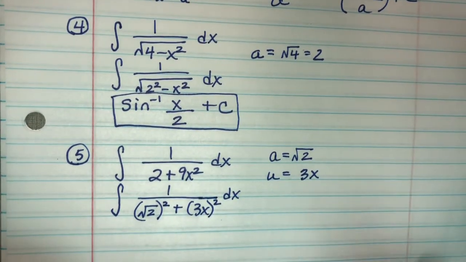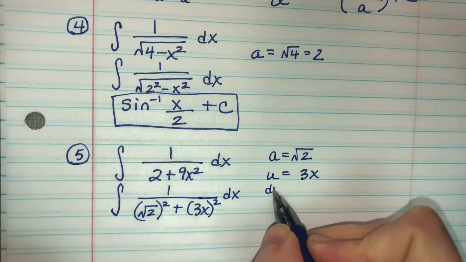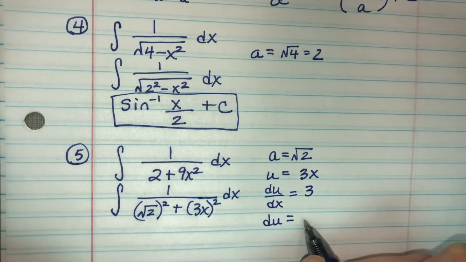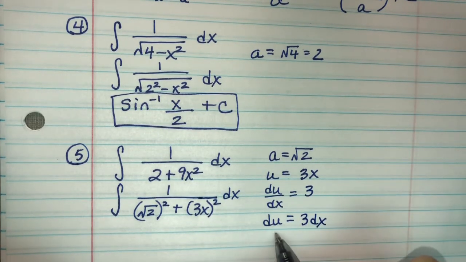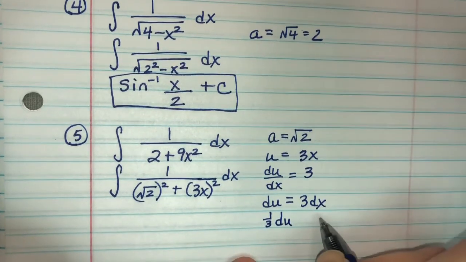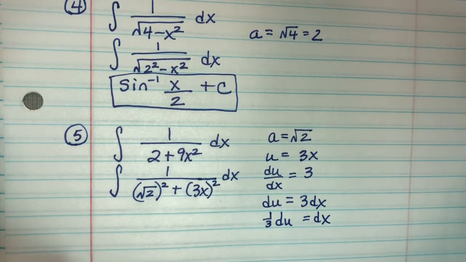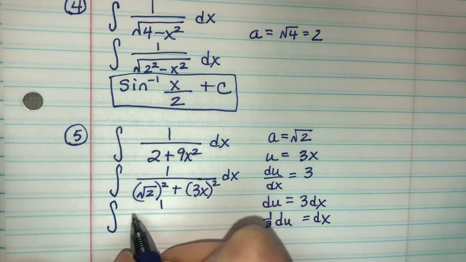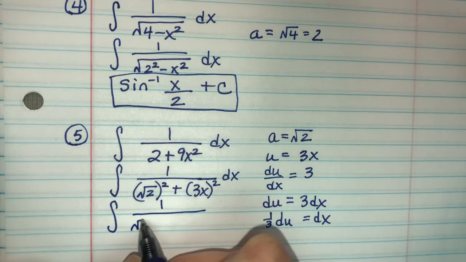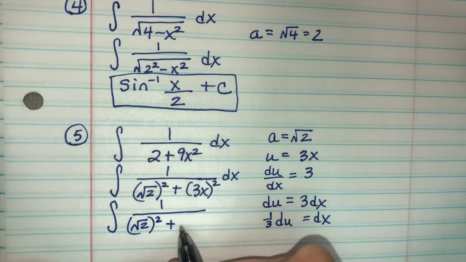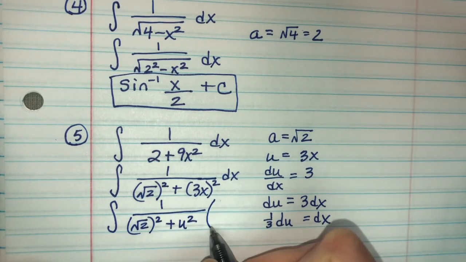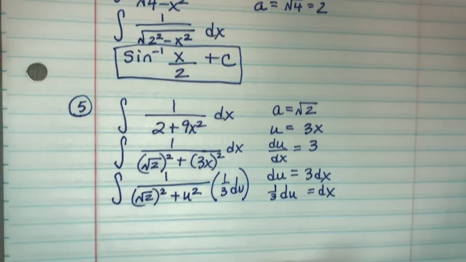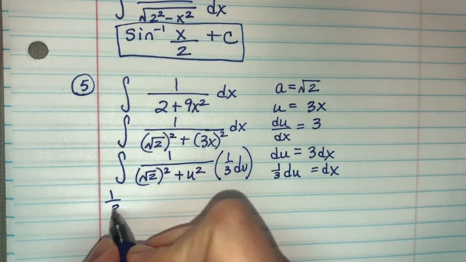So we're going to take the derivative of u with respect to the variable x, which is 3, du equals 3 dx, 1/3 du is equal to dx. So we're going to rewrite this in terms of the variable u now. The integral of 1 over the square root of 2 squared plus u squared times 1/3 du. And of course that 1/3 can come out in front of my integral symbol.